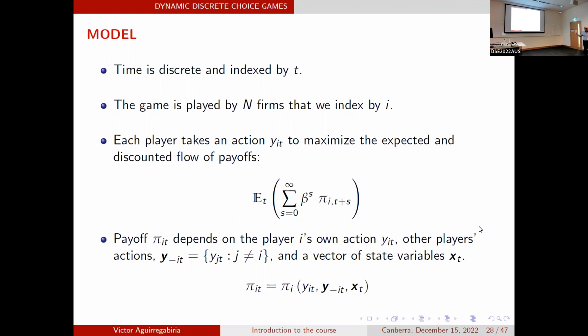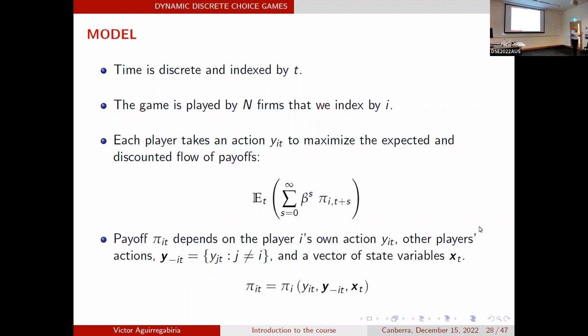And let's assume that these epsilon are IID over time and across players. These are private information shocks: shocks in the cost of market entry, in the cost of making a particular investment, adopting a new technology, or buying a particular product in the case of consumer choices.